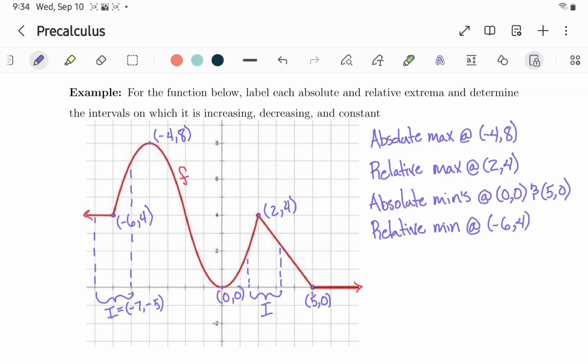Okay, but we also have other relative extrema, and you might not realize this. Every point contained in these intervals where the function is constant is going to be a relative extrema, both a relative max and a relative min. Let's look over here. Let me move the labeling of this, 5, 0.